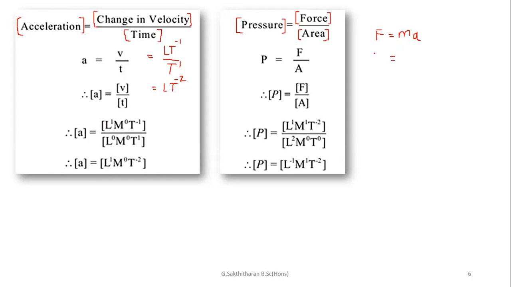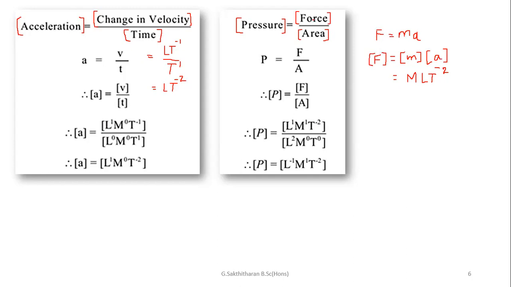So the dimension of the force is equal to the dimension of the mass and the dimension of the acceleration. So here the dimension of the mass is capital M, and the dimension of the acceleration is L T minus 2. So here we can write the dimension of the force as M L T minus 2.